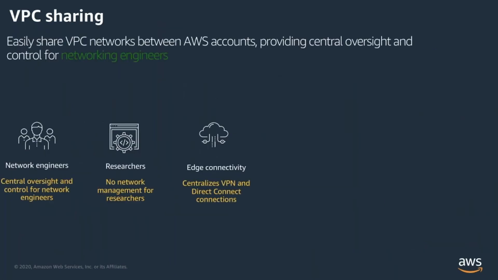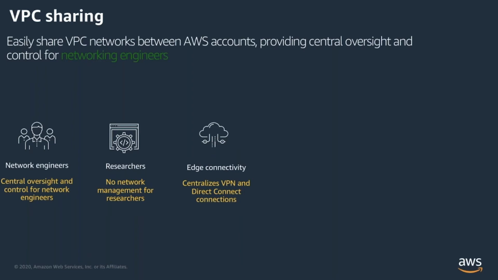Another feature we have seen customers use for multi-VPC scenarios is VPC sharing. With VPC sharing, network engineers get that central visibility and control over the actual network VPC. And researchers don't have to worry about or manage anything related to networking for the VPC.